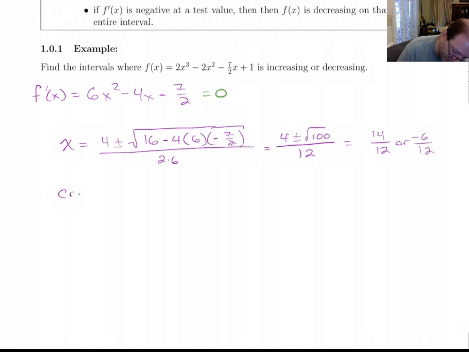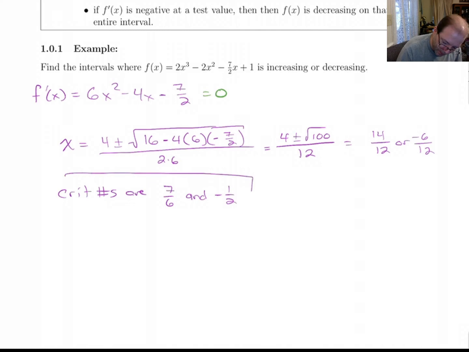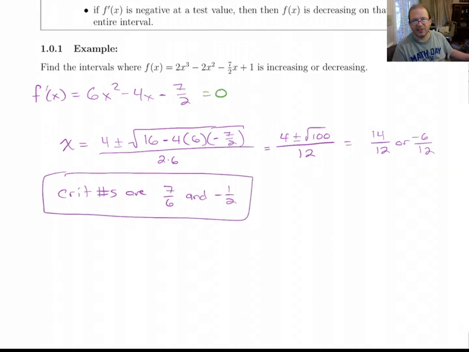So it looks like our critical numbers are 14 over 12, which is 7 over 6, let's not use decimals, and negative 1/2. I'm going to put a box around that because that's the answer to the first step.